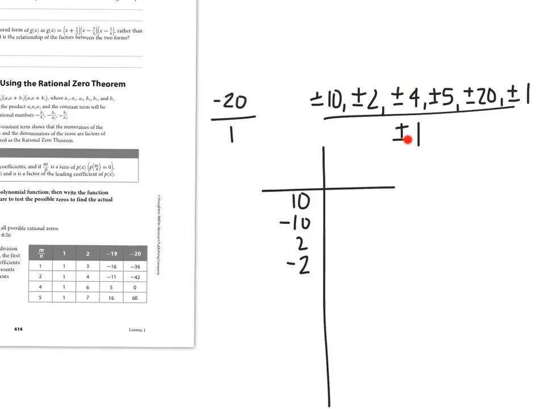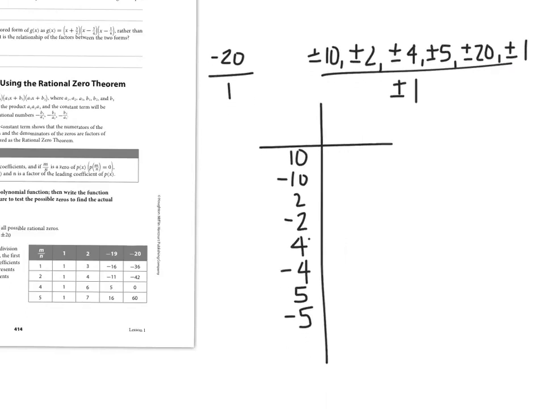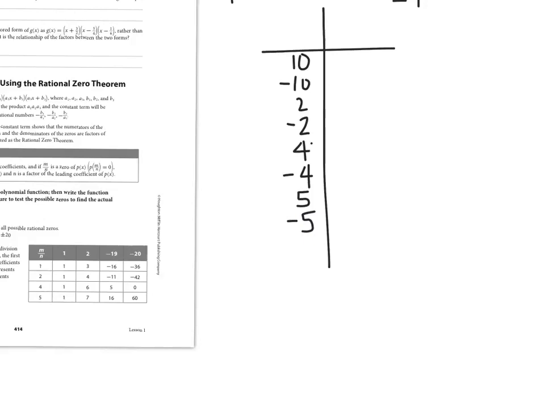If I were to divide that by positive negative 1, I would end up with positive 4 and negative 4. Okay, what about 5? Positive and negative 5. Okay, what's my next one? 20. Okay.